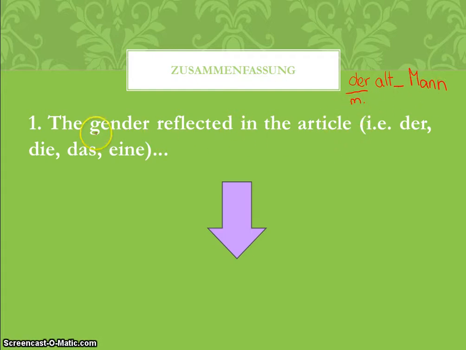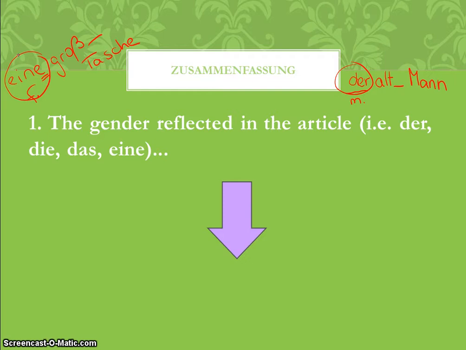So is the gender reflected here in the der? Yes, it is. How about eine Tasche? We know that when an ein has an e at the end, it must be feminine, and indeed it is die Tasche, so it does reflect the gender.